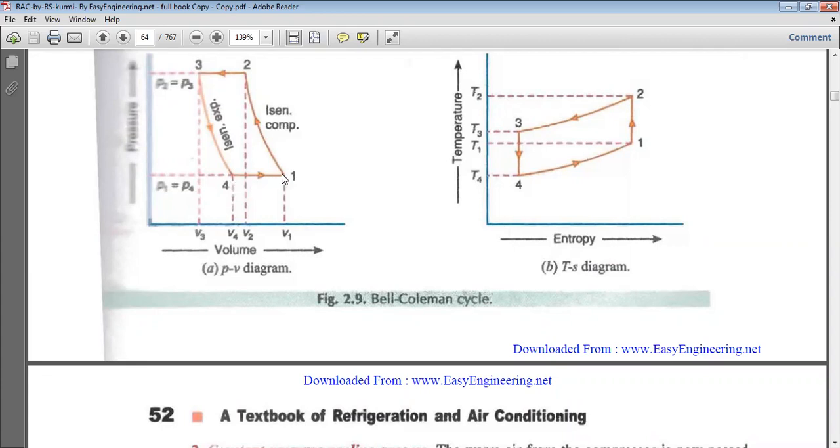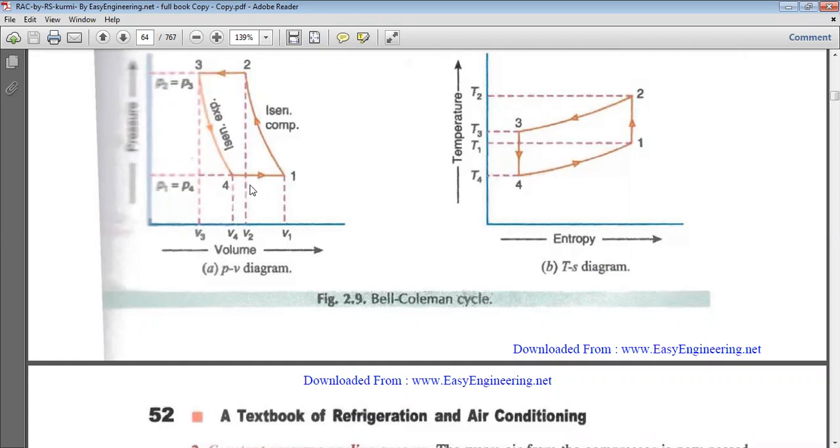Therefore, the first law says the algebraic sum of heat transfer must be equal to the algebraic sum of work transfer. The cyclic integral of net work is equal to Q12 plus Q23 plus Q34 plus Q41. But Q12 is 0 and Q34 is 0, only 2-3 and 4-1 remain. In 4-1 heat is absorbed, that is positive heat, whereas in 2-3 heat is rejected, which is negative.